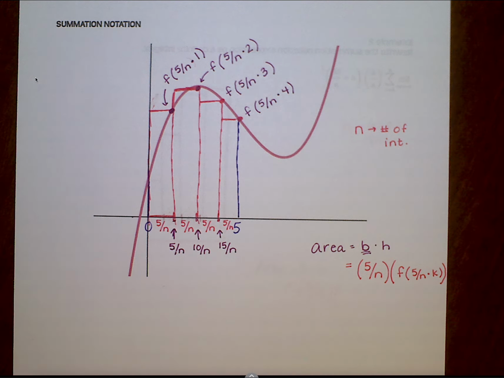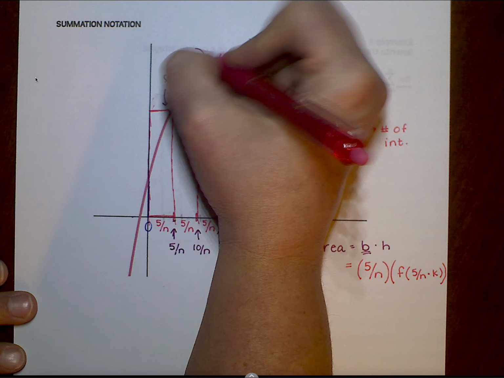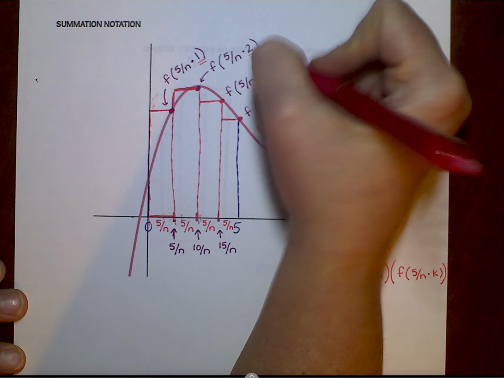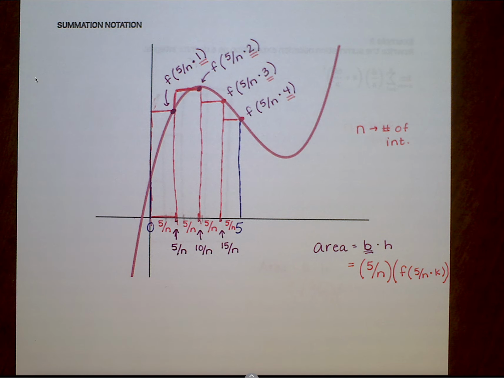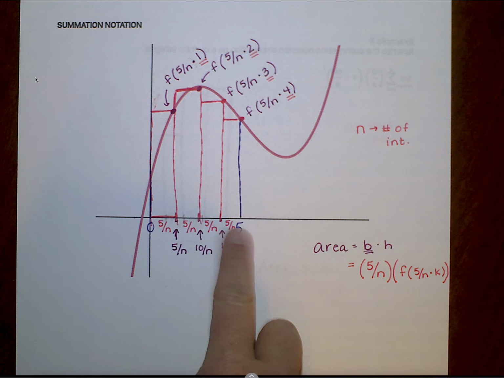And k, just to throw another letter in the mix, is this number right here. Whichever rectangle I'm standing at, if I draw 100 rectangles and I'm standing at the 12th one, I could find that height by doing 5 over n times 12 and plugging that into my function. So f of 5 over n times 12, because that's how far I would have to move over to the right.